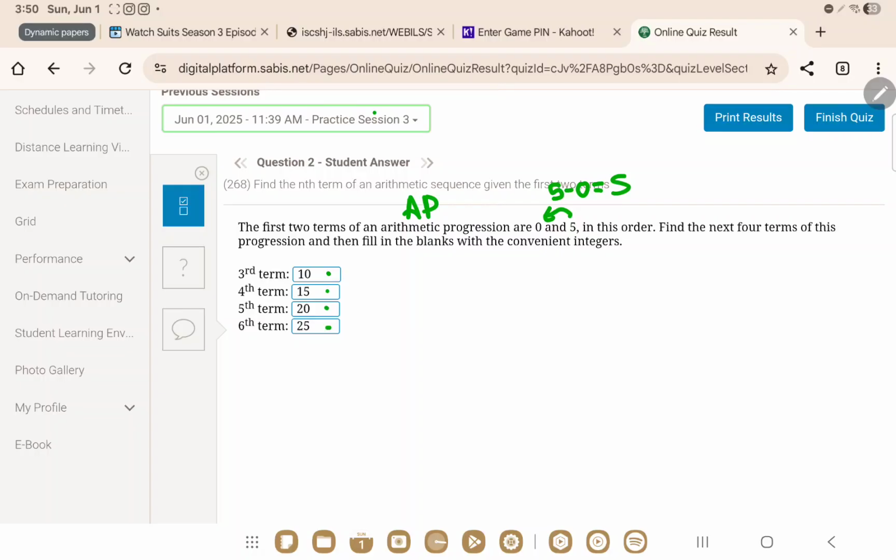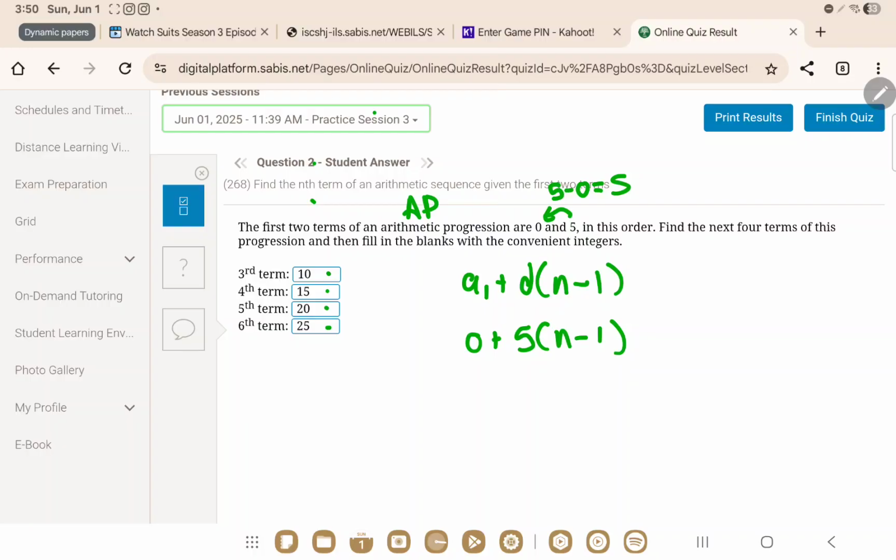But let's say it's a written part. We're obviously not going to do that. What are we going to do? You're going to find the equation. First term 0 plus, the equation obviously is a1 plus d into n minus 1. So a1 is 0 plus difference 5 into the number of the term minus 1.